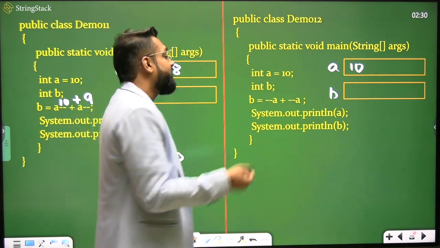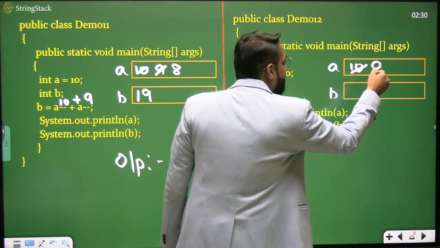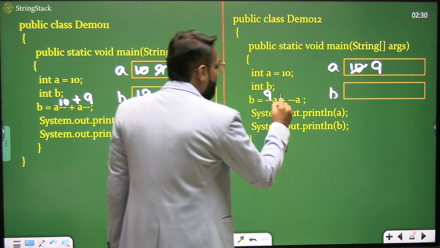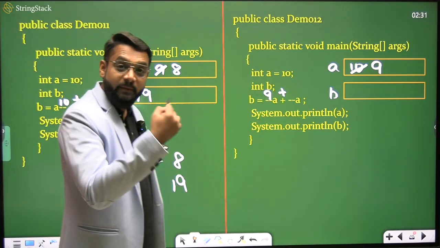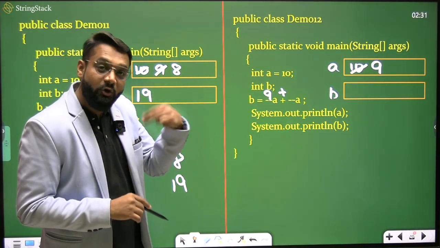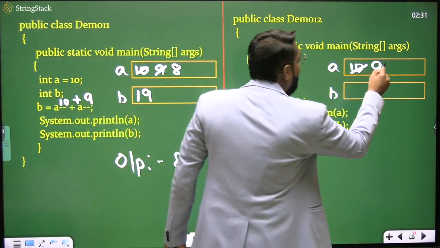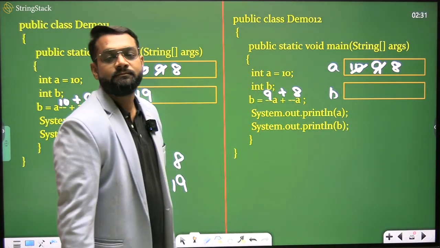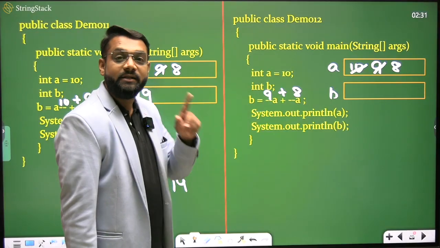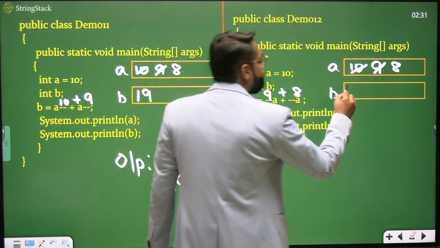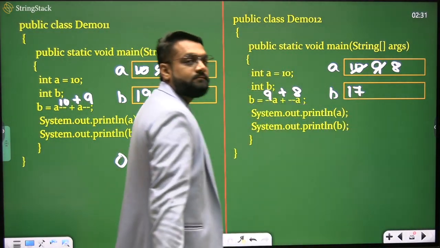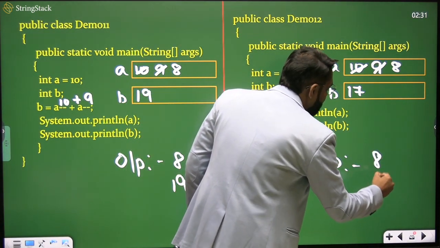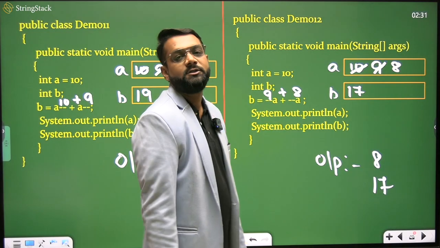Before assigning, I have to decrement and then assign, plus --a again, pre-decrementation. Before assigning, I have to decrement and then assign. What is 9 plus 8? 17. 17 give it to b. System.out.println a, System.out.println b. 8 and 17 would be the output.